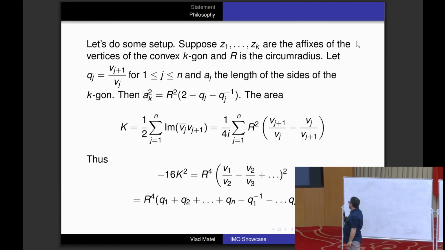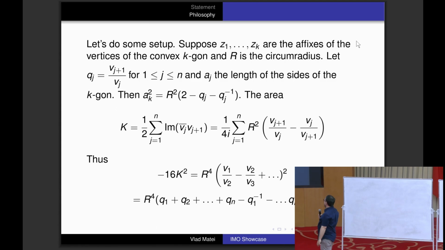Now you can compute everything in terms of these numbers that I've written. Namely, the square of the side length is r squared times the complex number 2 minus q_j minus 1. And for the area, you have what is called the shoelace formula.